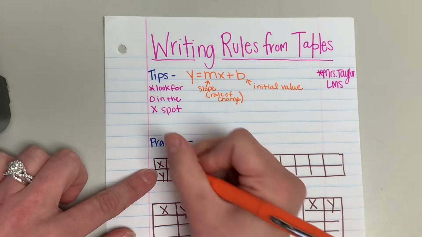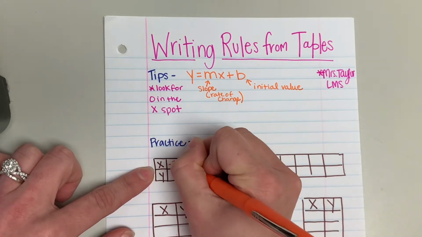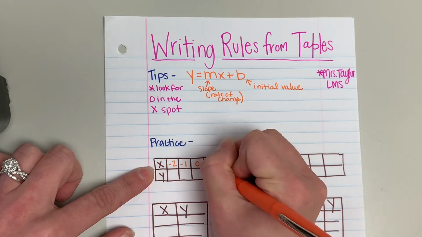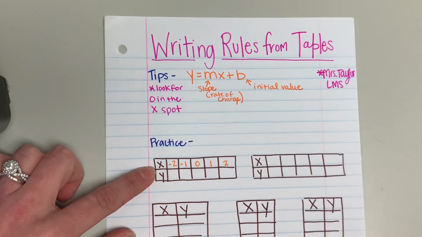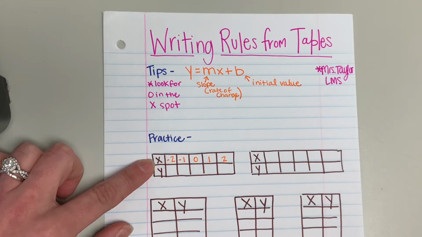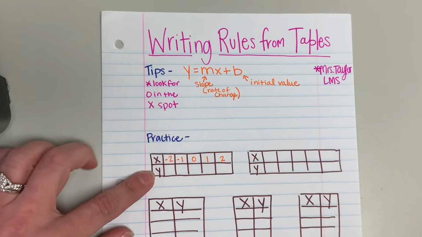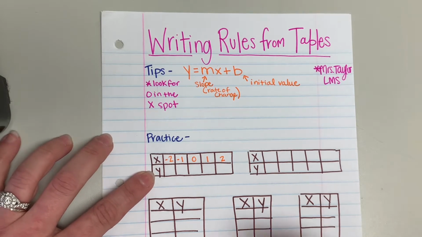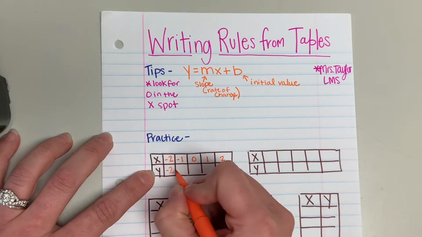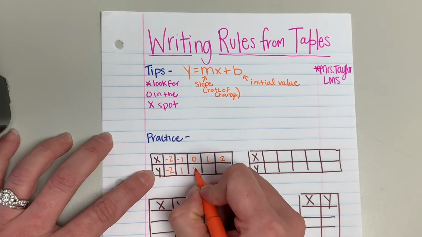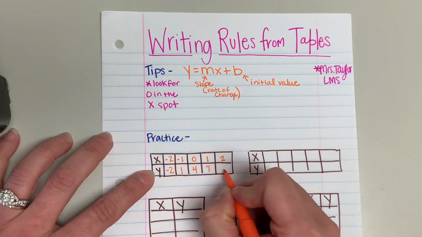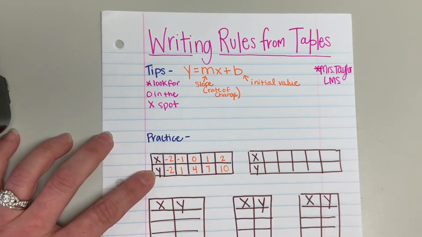Let's fill in the numbers -2, -1, 0, 1, and 2 for the x spots. For the y spots, I want you to fill in -2, 1, 4, 7, and 10.